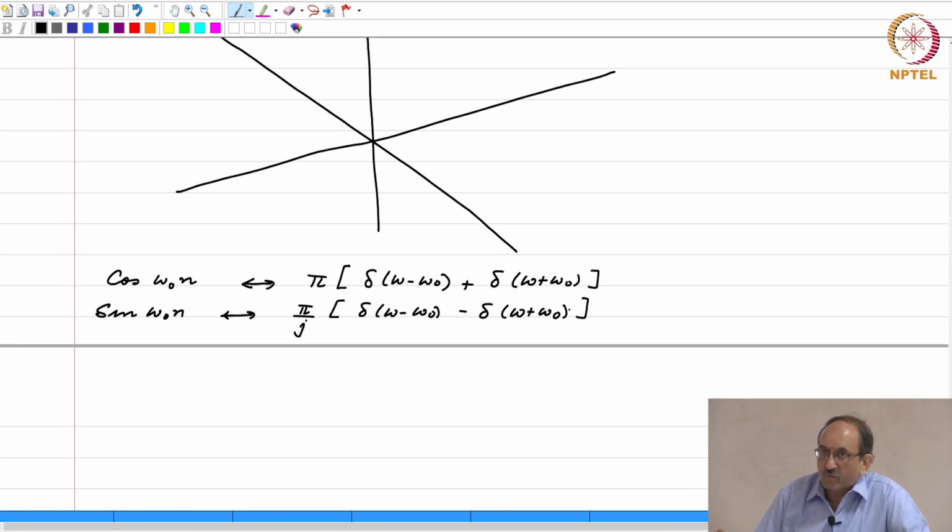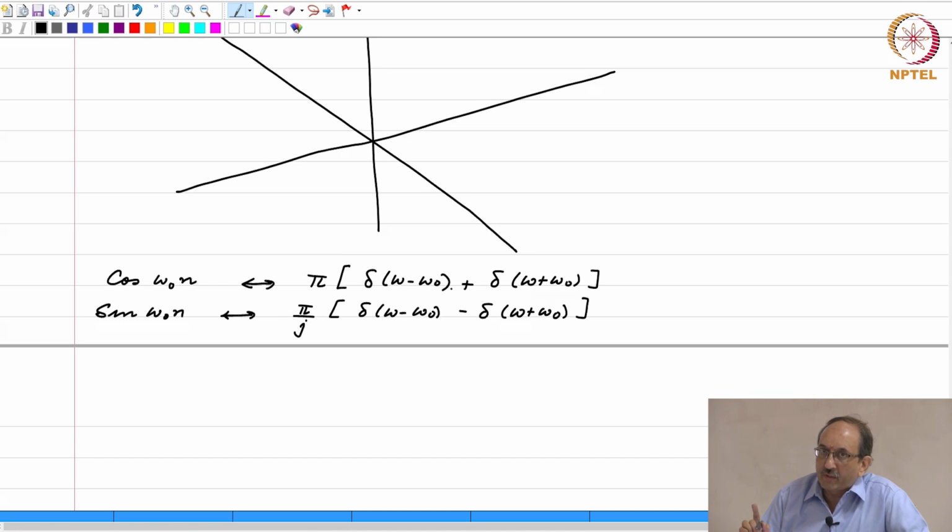The only difference of course here is, very good. So, in the continuous time case you had an impulse at plus omega naught and minus omega naught, and there you must have used the cap omega naught notation. You may have also used the little omega notation, but since here we want to compare and contrast CTFT and the DTFT, for the CTFT we will use the cap omega notation and little omega for the DTFT.